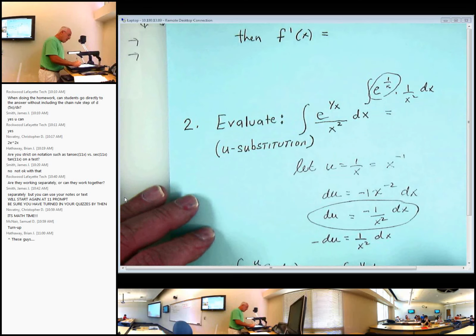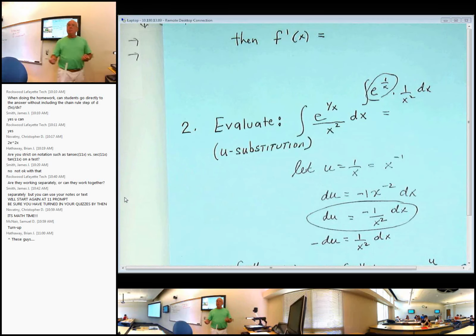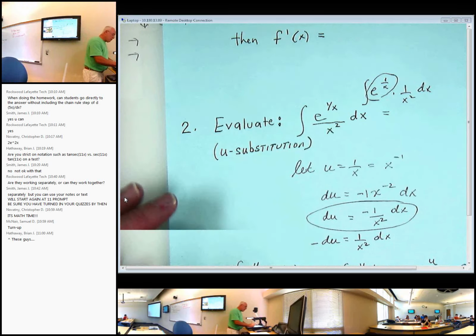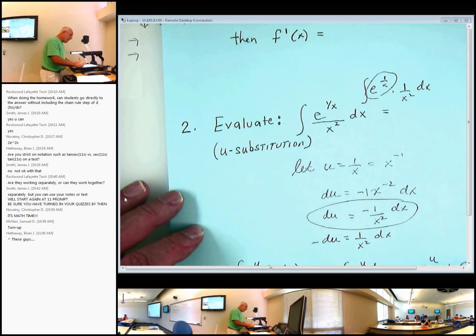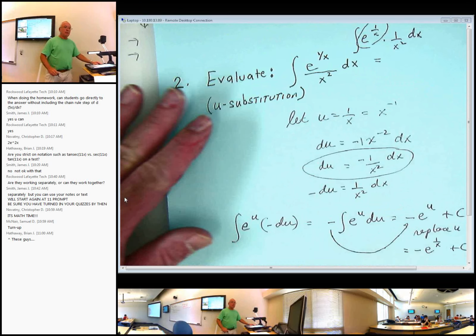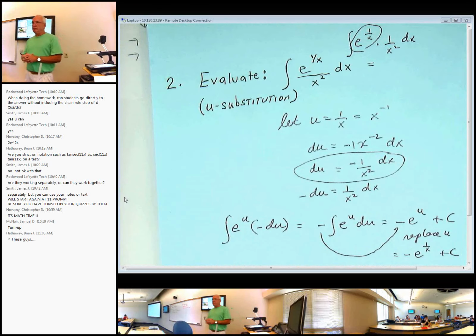But here we have that minus, so we have minus e to the u plus our capital C. And then finally we replace the u. u here is 1 over x, so we have minus e to the 1 over x plus capital C. And that's the answer.